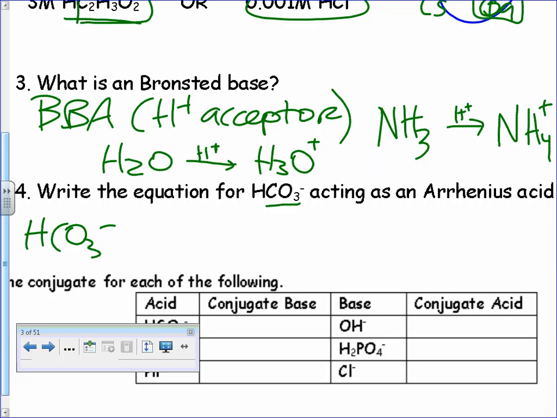So I want you to take bicarbonate and make it act as an Arrhenius acid. What should we add to this reactant? We know it's going to be an Arrhenius one, so we have to put it in water. Lindsay, continue to tell me what you know it's going to make in water for sure.